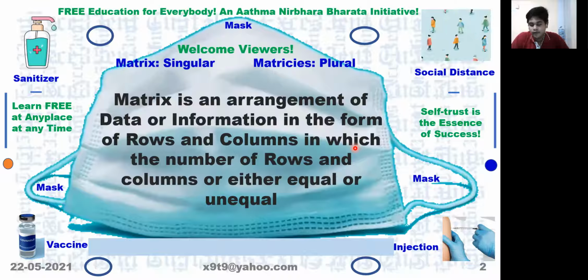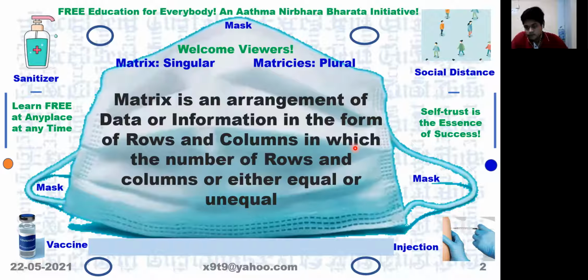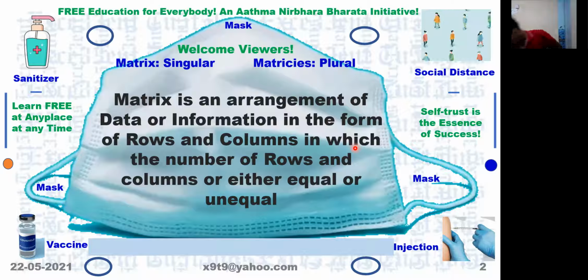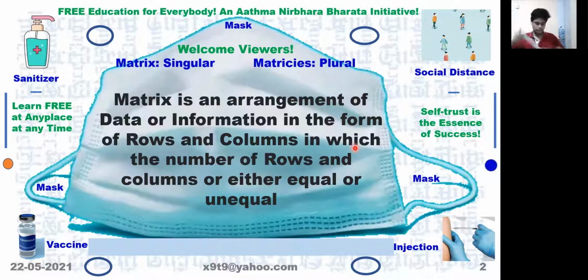So matrix is singular. Matrices is plural. The size of the matrix is m into n, which is m means the number of rows and n means the number of columns. So that means the matrix is an arrangement of data or information in the form of rows and columns.